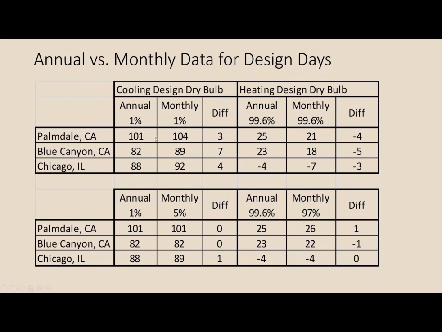If I go to Palmdale, California and apply this 1%, I get 104 degrees for July, whereas for the annual I only get 101 degrees. And for heating, I get 25 degrees for the annual, but 21 degrees for the monthly. So you're getting a more severe condition if you apply the same percentage to the monthly data.